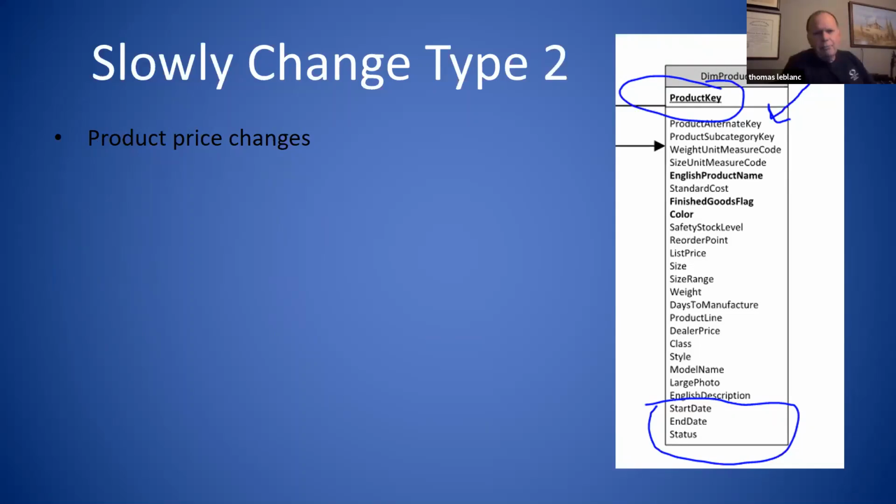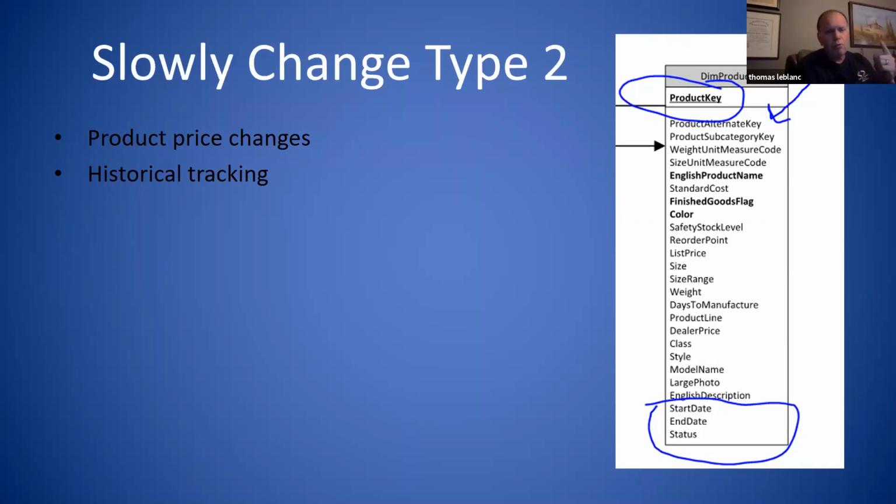The other thing in the dimension is something called a slowly changing, and I'm just looking at type 2, but there's a type 3 and there's a type 5 or 6 that some people use. But what it does is as you're populating this, the price changes. And you want to keep a historical record of that price. So this slowly changing will track the price.